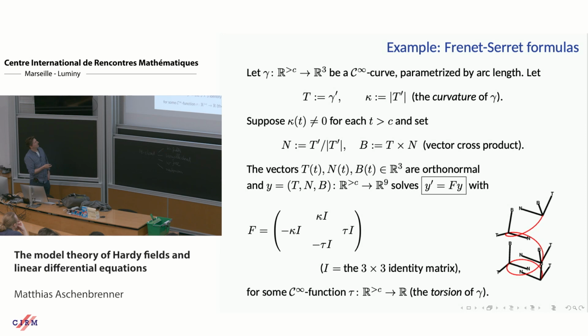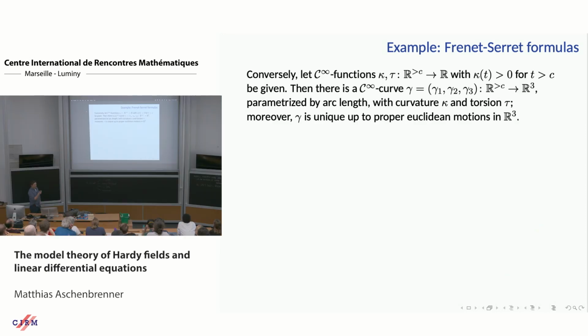Okay. All right, and there's this well-known theorem that conversely, if you're given such functions kappa and tau, and kappa is, let's say, always positive, then there is an essentially unique C-infinity curve gamma, parameterized by arc length, which has kappa as the curvature and tau as its torsion.